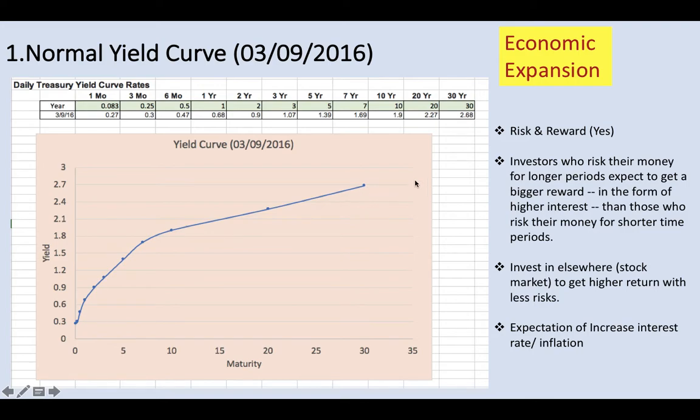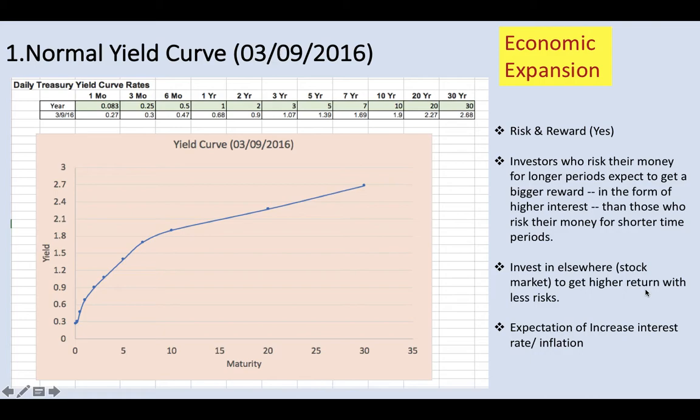When this happens, the normal curve reflects economic expansion. Why do we say that? Investors who risk their money for a long-term period expect a bigger reward, in the form of a higher interest rate, than those who risk their money for a short-term period. This holds only when the economy is good, because investors can invest elsewhere, in the stock market or by opening a business.